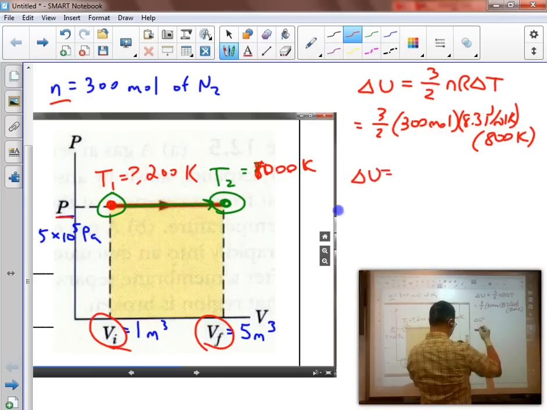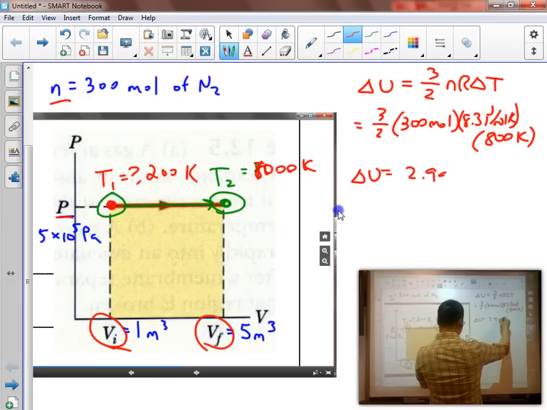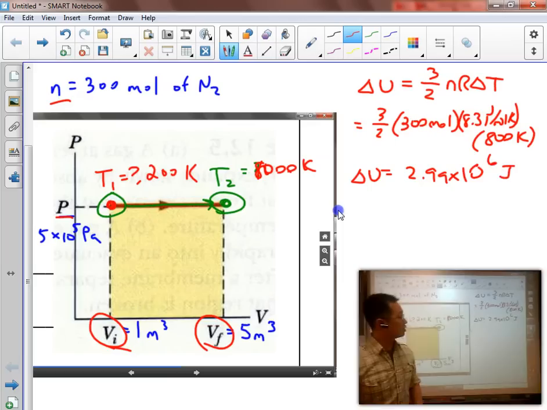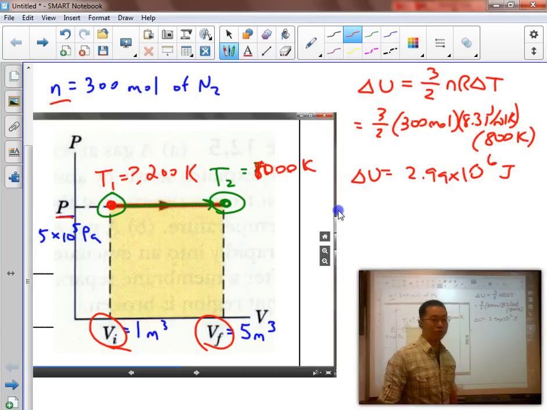Delta U in this case is equal to 2.99 times 10 to the 6th joules, which may or may not be entirely realistic in terms of actual real-world numbers, but you can see it's a very straightforward way to solve for internal energy. Once you know the two temperatures, you can always solve for delta U.